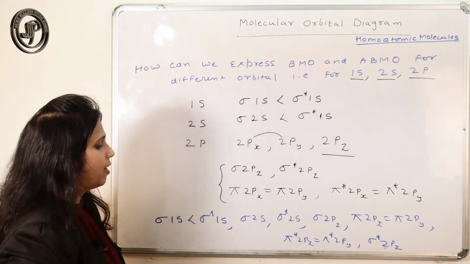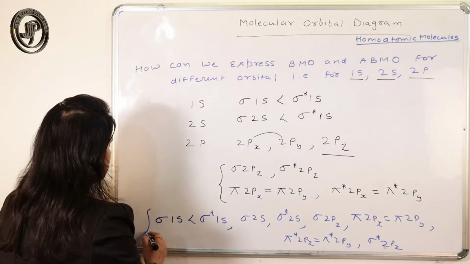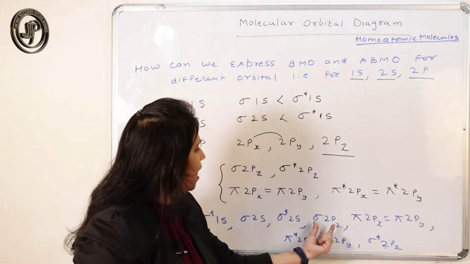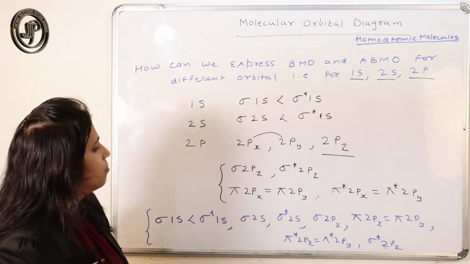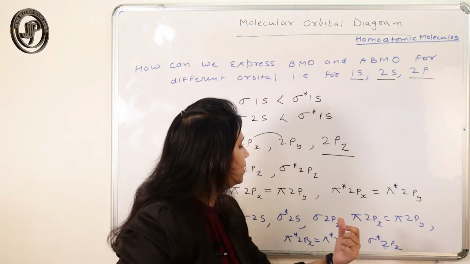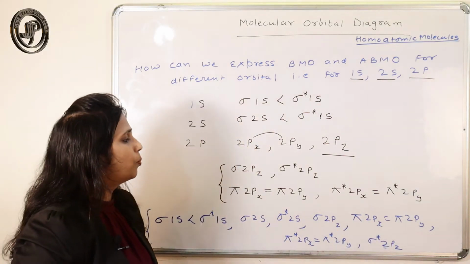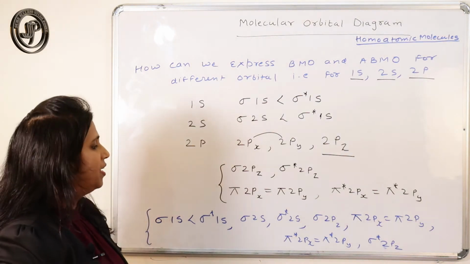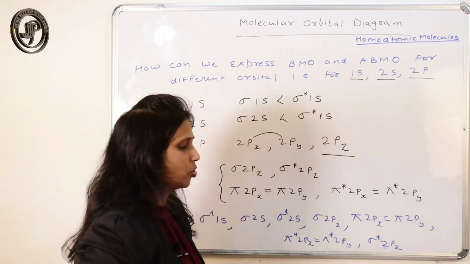This energy level sequence has been determined experimentally: the energy of sigma 2pz is slightly less than the energy of pi 2px and pi 2py, but in anti-bonding it is not so.